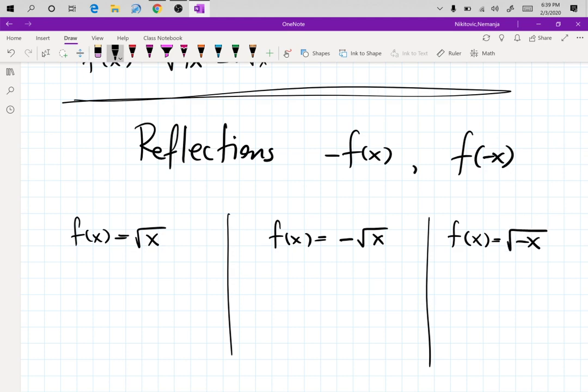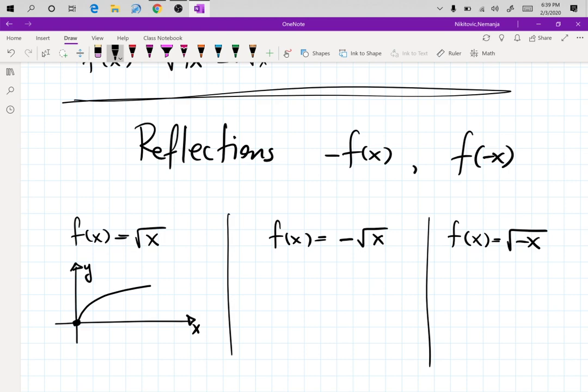So these are the basic function, which is our parent function. It starts at (0, 0) and goes up like that. So this is our square root of x, seen it many times.